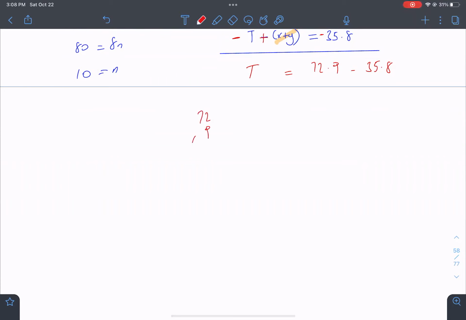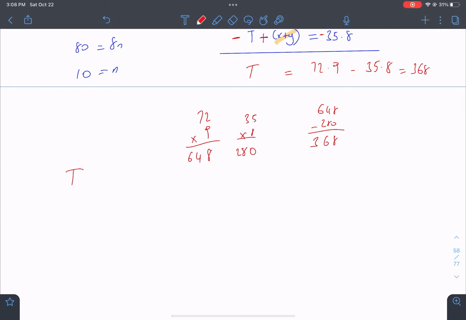72 times 9: 2 times 9 is 18, 7 times 9 is 63, plus 1 is 64, so 648. 35 times 8: 8 times 5 is 40, 8 times 3 is 24, plus 4 is 28, so 280. 648 minus 280 is 368, which is the sum of the numbers.